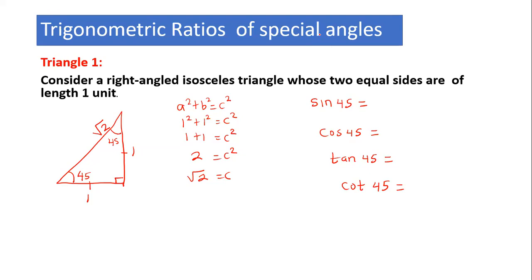Who wants to tell us what you have? Raise up your hand. Okay, Adams. Sine 45 is 1 over root 2. Very good. Thank you. I have Derek. Okay, Derek. It's the same thing.